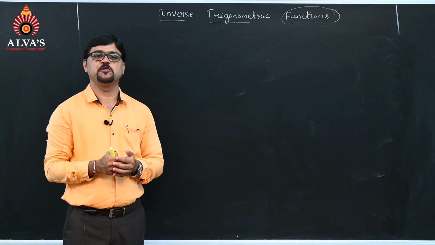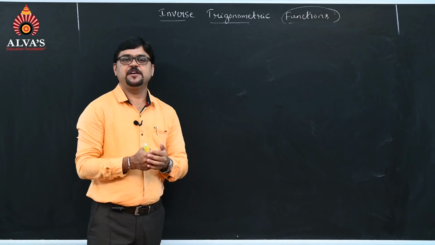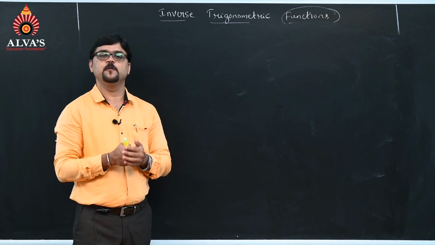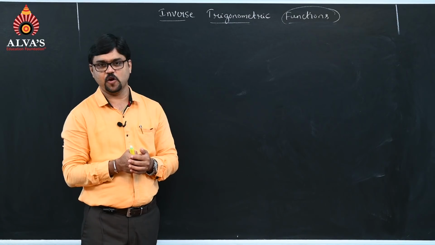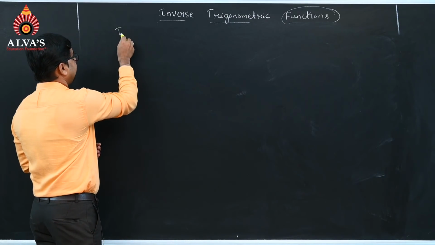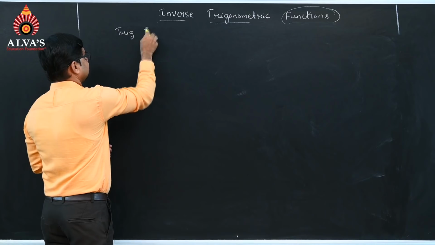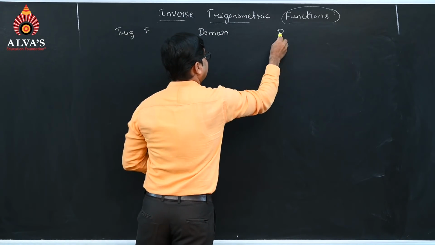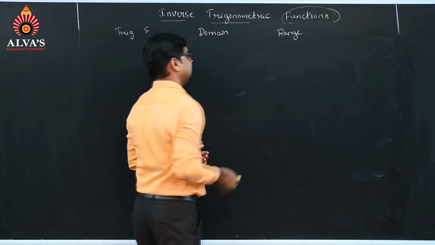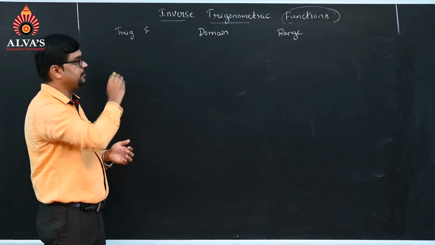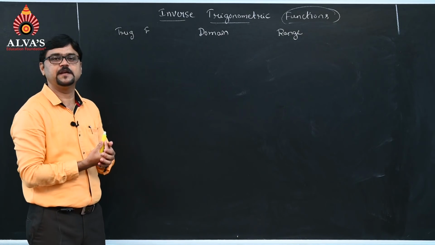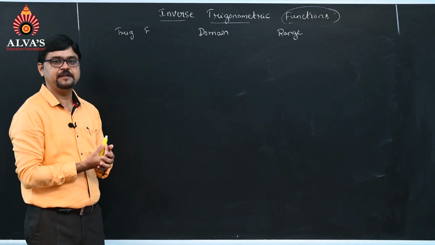Here again we have to recall the trigonometric functions, their domain and range. That one we already studied in the first year topic. This is very essential to define inverse of a trigonometric function. First we must recall the trigonometric functions' domain and range.